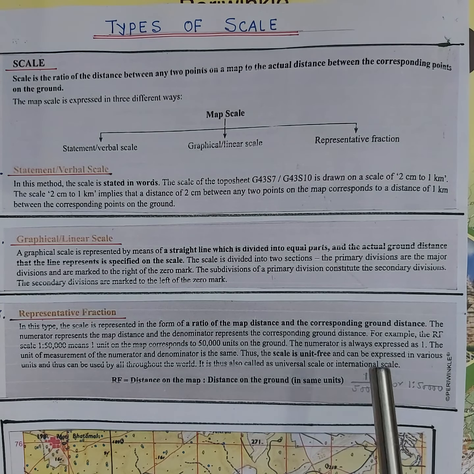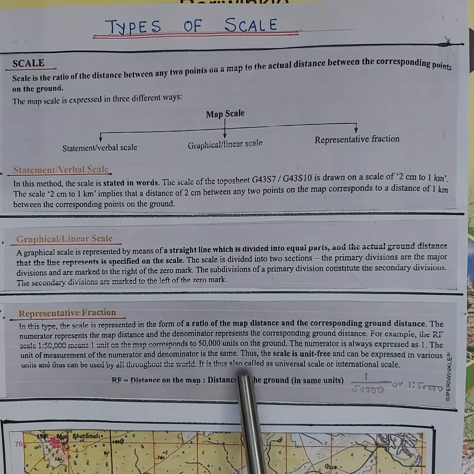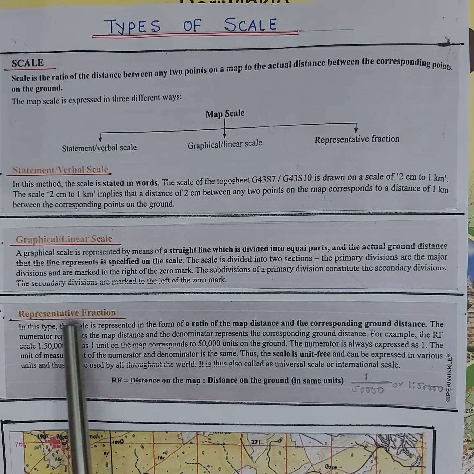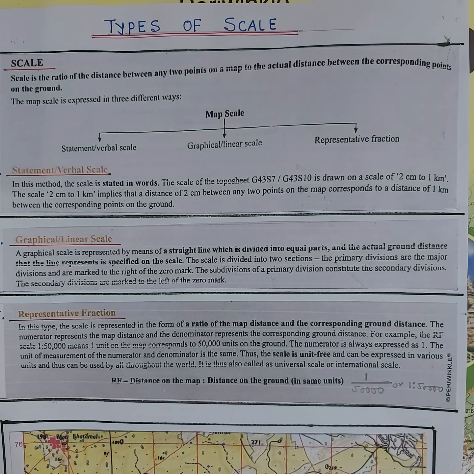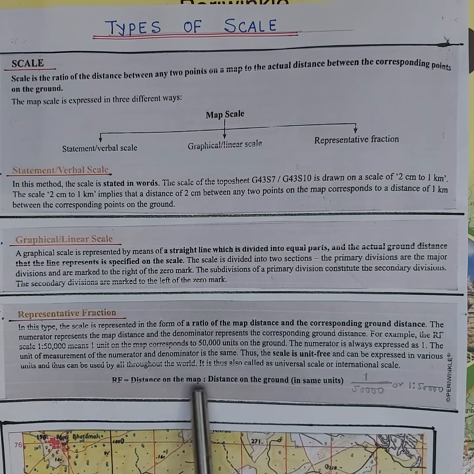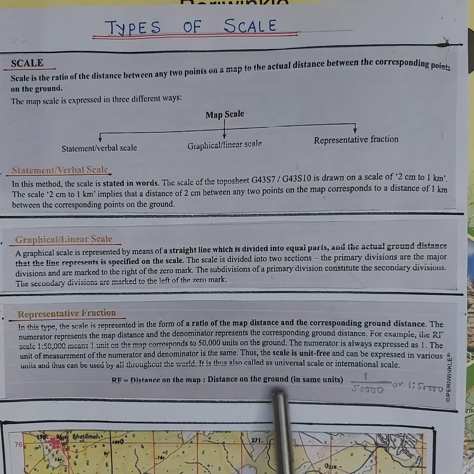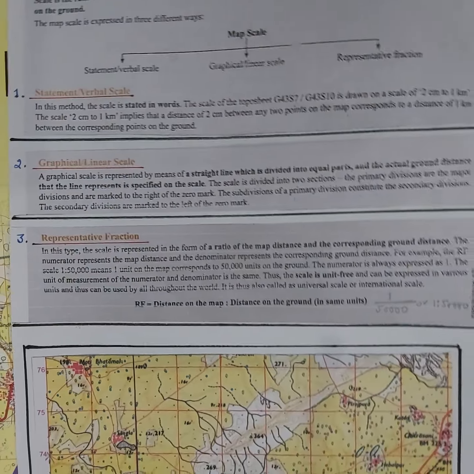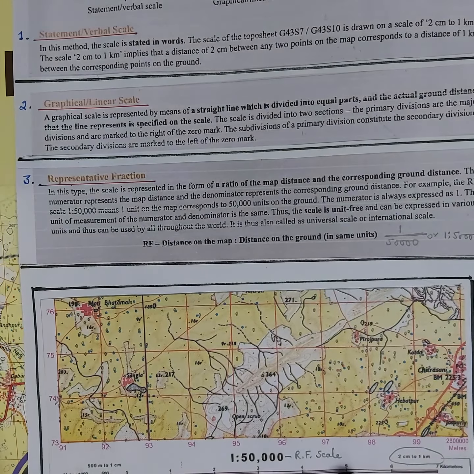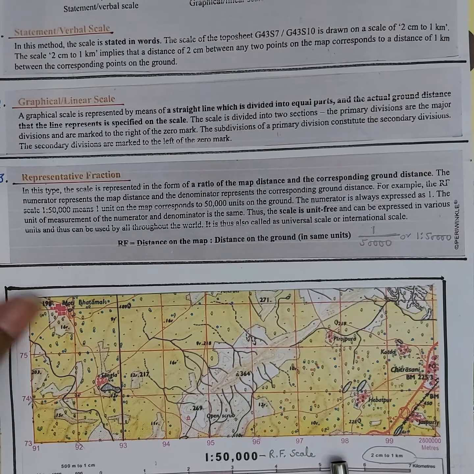So if you get a question, which is the universally accepted scale, you will say representative fraction scale or RF scale. Right? So RF is equal to distance on the map and the distance on the ground in the same unit. Right? Okay. So here you can see a map. I think it's clear.